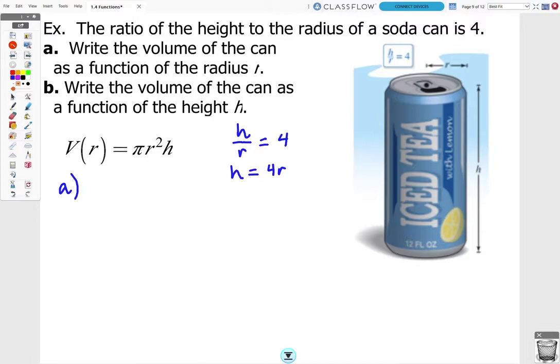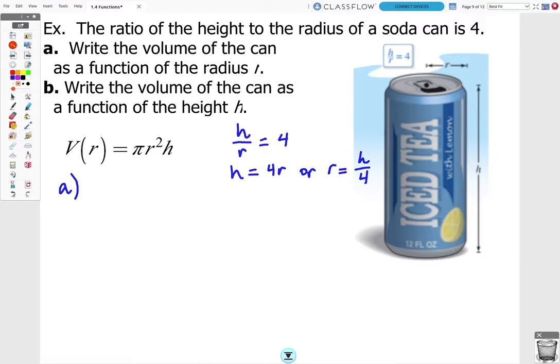Or, if you would like to place it the other way, that means that r is equal to h divided by 4. Those are the two ways that h relates to r and r relates to h.